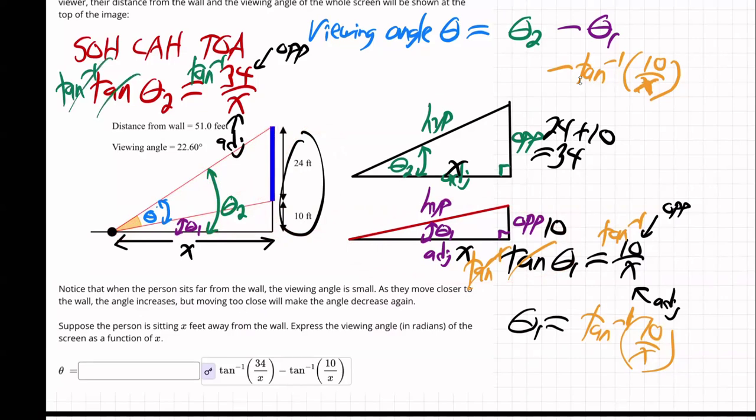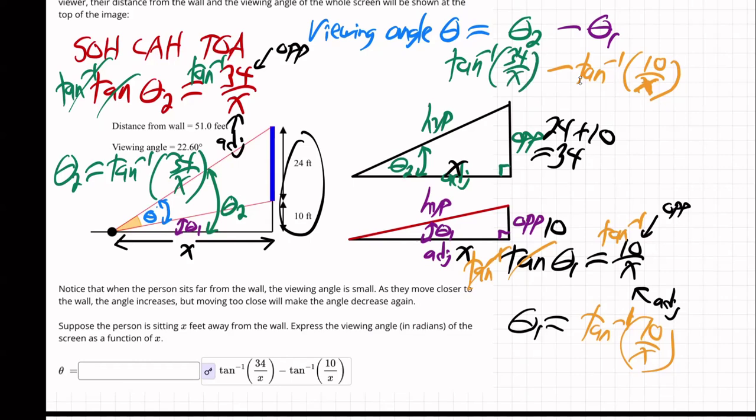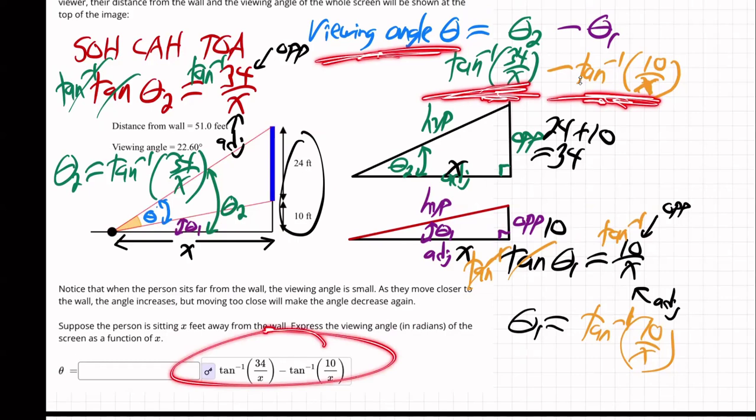So theta 2 is the inverse tangent of 34 over x. And so there is the formula. Our viewing angle is theta 2 minus theta 1: inverse tangent of 34 over x minus inverse tangent of 10 over x. That's the setup right there.